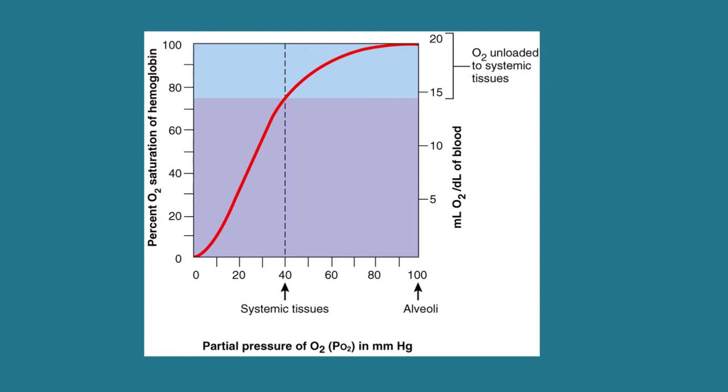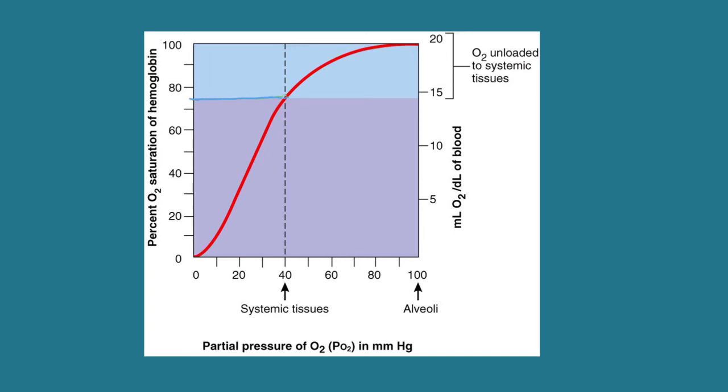This graph represents the percent oxygen saturation of hemoglobin. This means how much of the hemoglobin is saturated with oxygen. Since there are 4 oxygen molecules, if the hemoglobin is still holding on to all 4 oxygen molecules, then it is said to be 100% saturated.